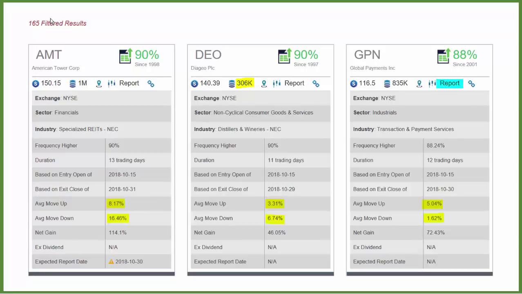The next process that I go through is I take a look at the average move up and the average move down. While AMT has been higher 90% of the time, the average move down, when it has moved down, has been dramatic. Part of that is most likely because it does have an expected report date for the ex-dividend, and that's probably going to create some higher volatility.